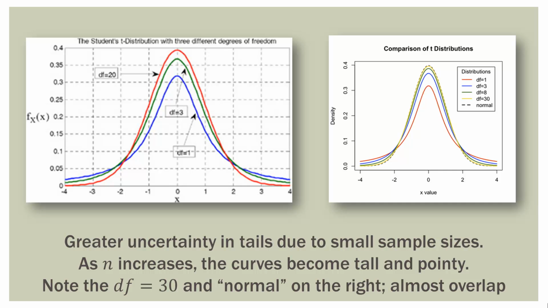They're almost the entire, the same thing. So that's why this magical barrier exists at 30, and you'll hear it over and over again in your classes. So the z and the t are really only distinguishable or different to a large degree when the sample size is below 30. Above that, they become essentially the same.